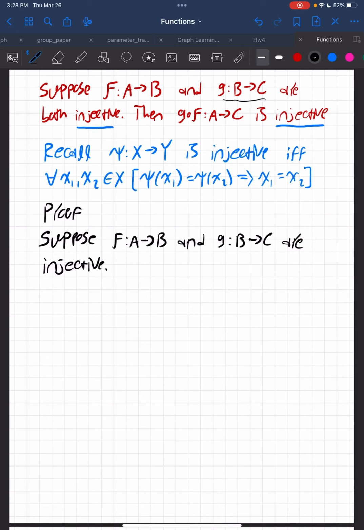After you've restated your assumptions, you should write what you're trying to show. And that is that g composed with f, which is a function from A to C, is injective. So we want to show, I'll abbreviate that, g composed with f from A to C is injective.